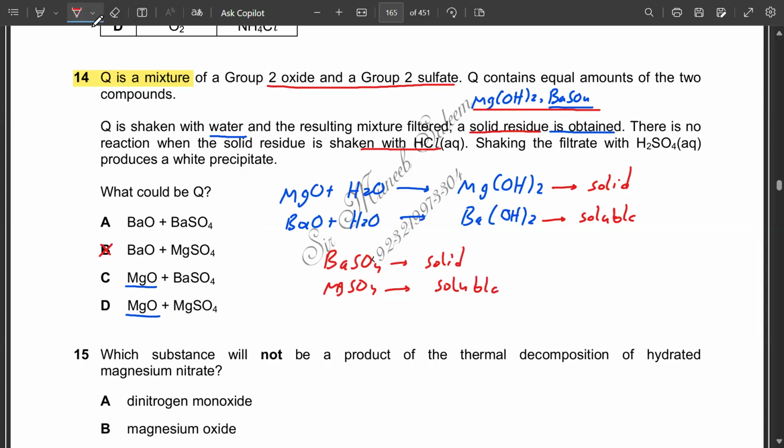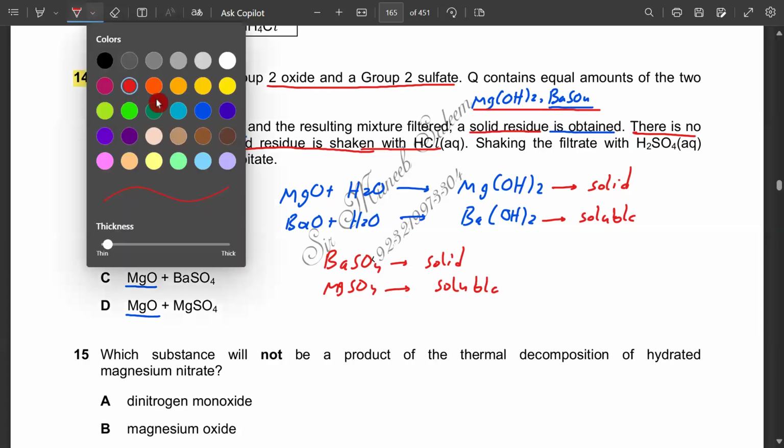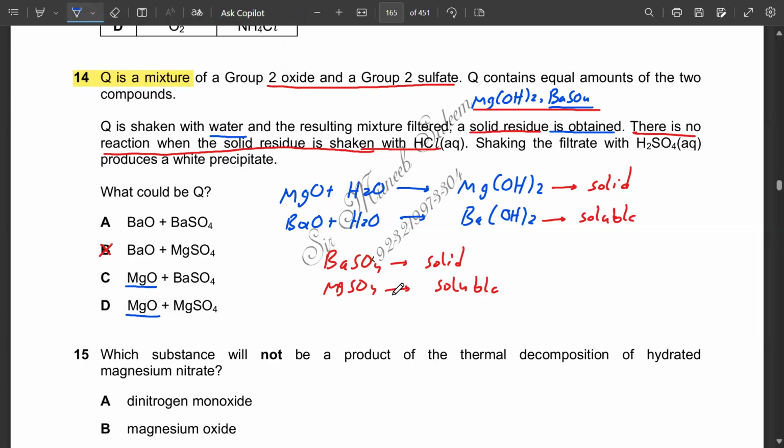Now it also says there is no reaction when the solid residue is shaken with the HCl. So it does not form a reaction with the HCl. We know that the sulfate compound is the one which does not react with the HCl. So that is the barium sulfate.